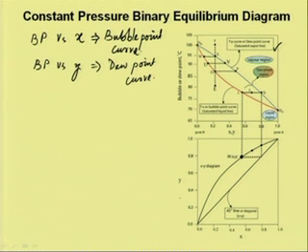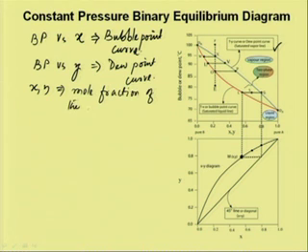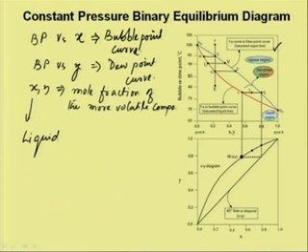So, here the compositions x or y are represented in terms of the mole fraction of the more volatile component. x is in the liquid phase and y in the vapor phase.